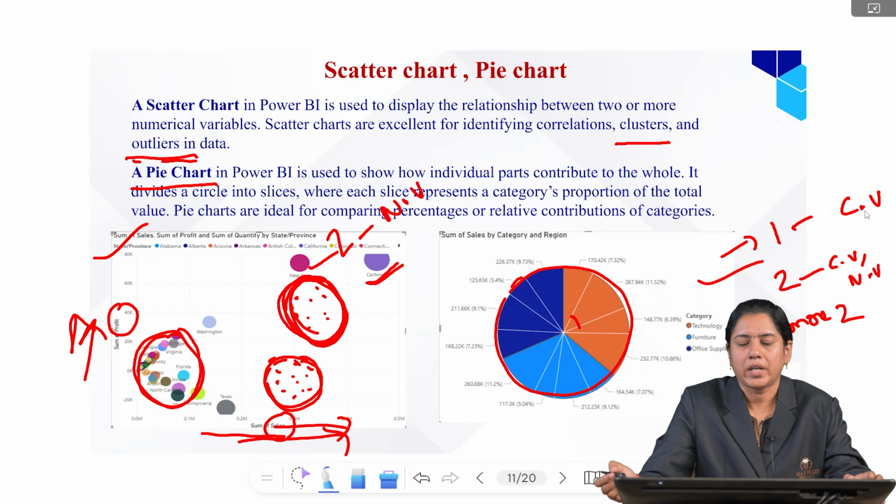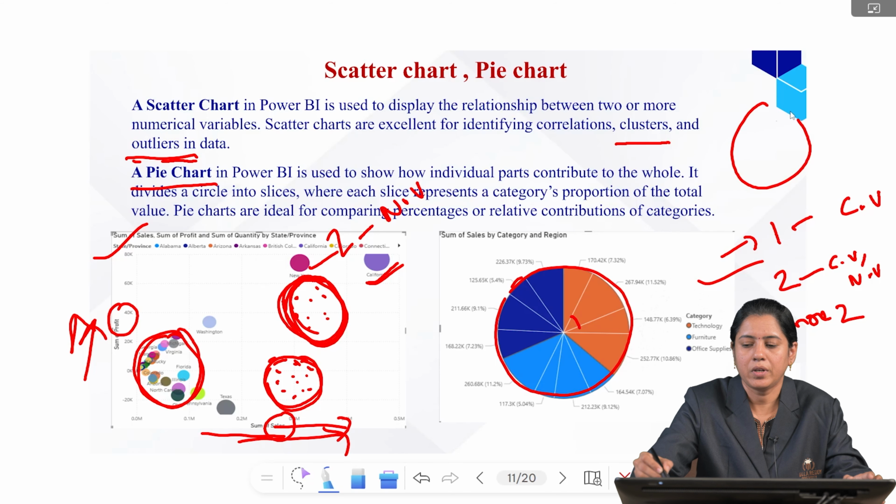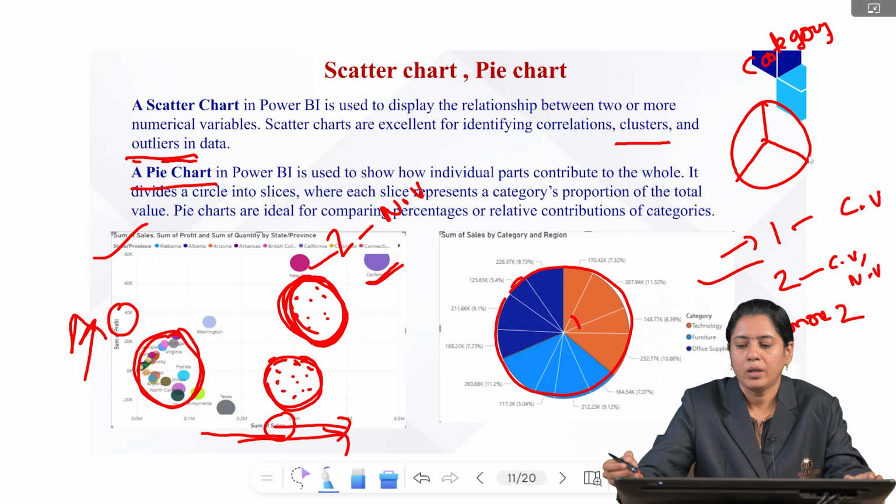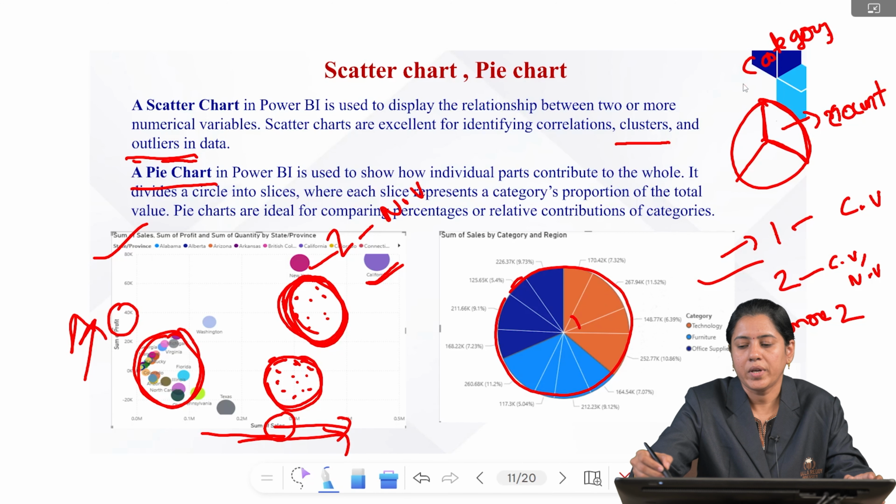For example, if you are drawing a pie chart for some categorical variable, suppose it has 3 categories in the data, then each slice gives you the count. In our example, the category variable contains 3 types, furniture, technology, and so on, and how many times each one is repeated is shown in each slice.